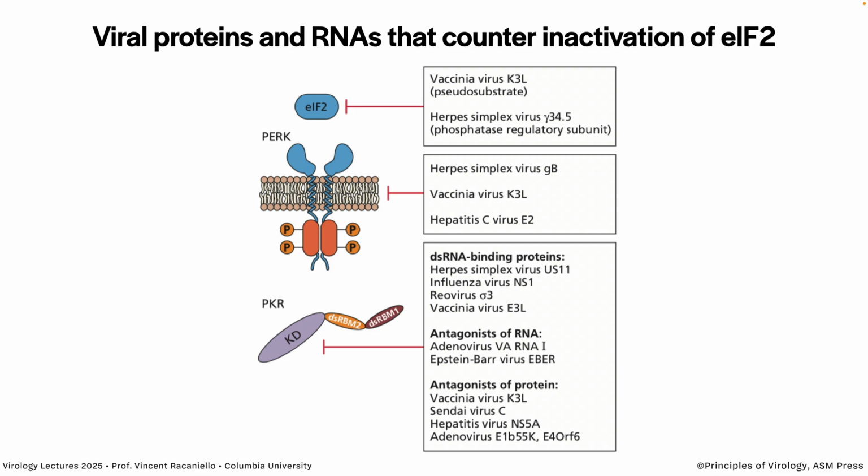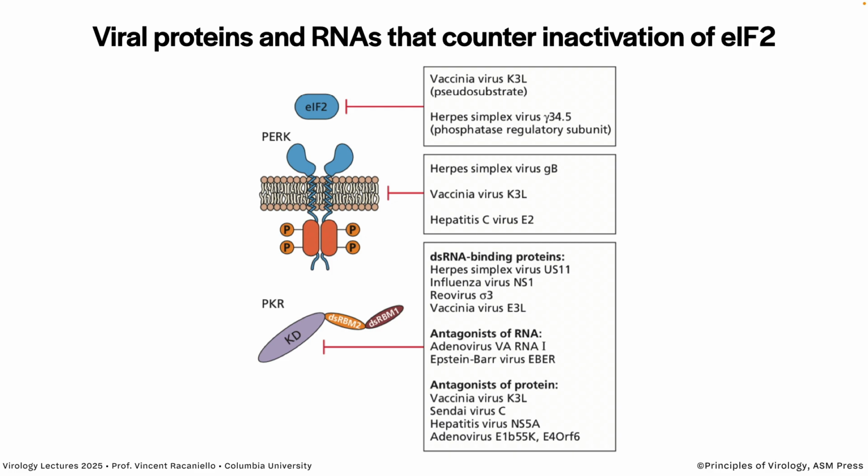Epstein-Barr virus also has a similar protein. There are proteins that antagonize the protein itself. There are also double-stranded RNA binding proteins. So viruses that make double-stranded RNA make proteins that coat it so that PKR cannot bind to it, and it won't be activated. There are also inhibitors of the kinases.